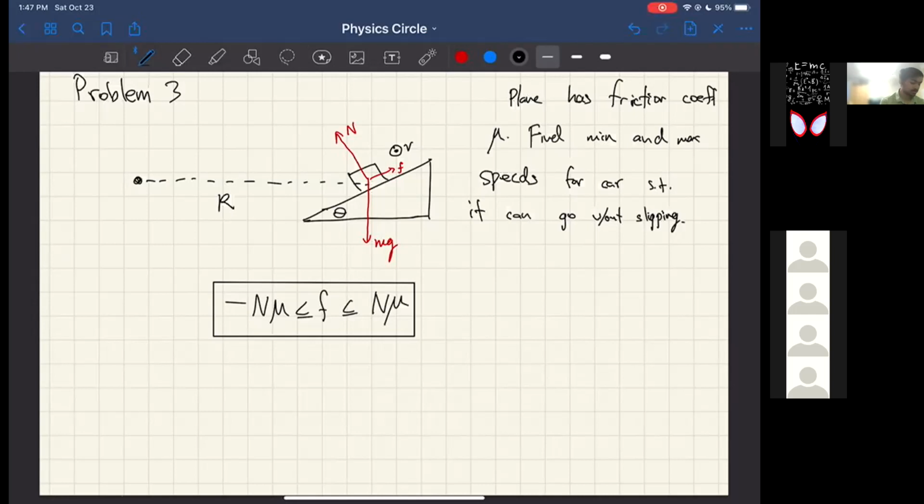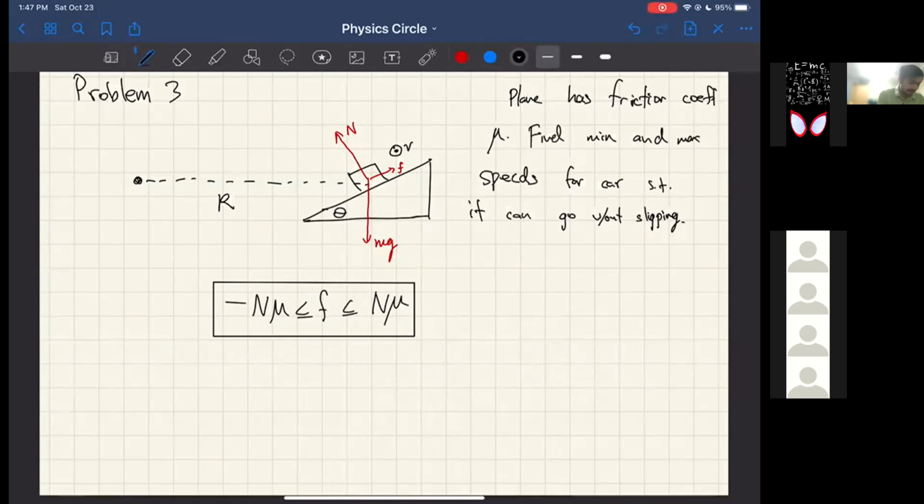In terms of horizontal and vertical, so just regular horizontal and vertical. Okay, good. Somebody said v squared over r cos theta. That's not correct. Good.